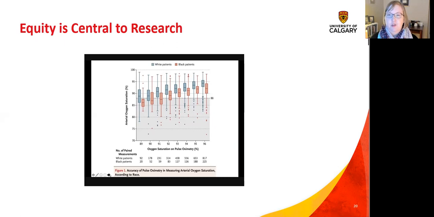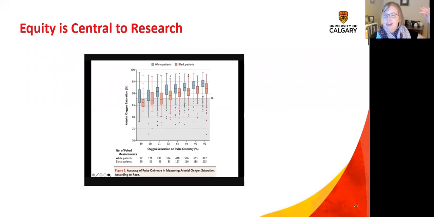What we're seeing in this graph is that pulse oximetry measures saturation more accurately in white patients than in Black patients. When you have that on your finger and the infrared light is scanning your pulse, it underestimates the oxygen level of Black patients.